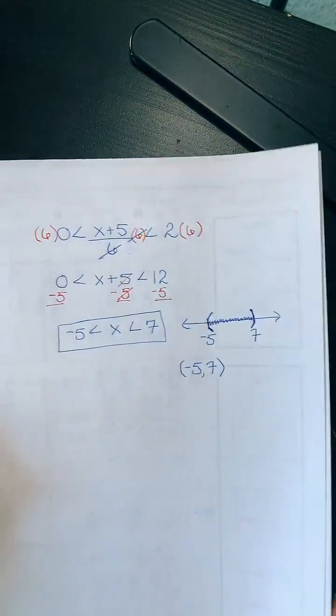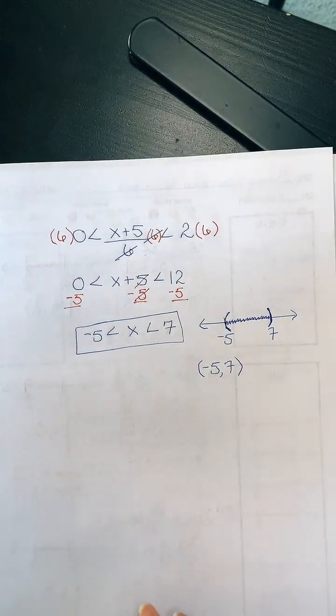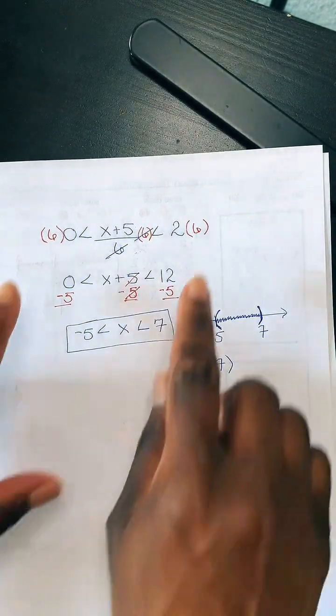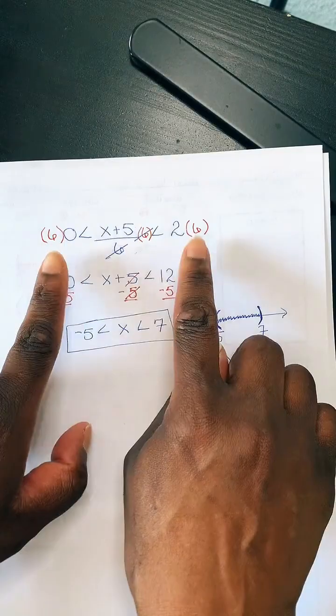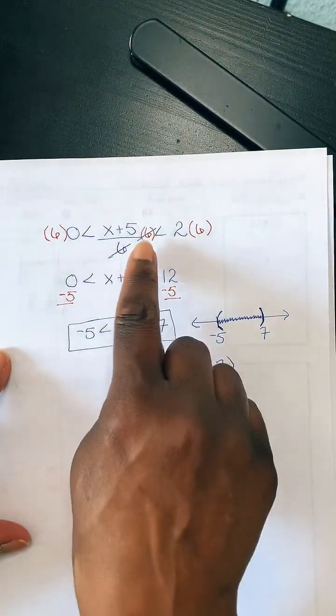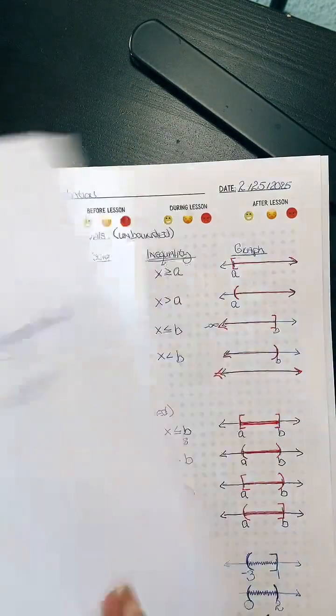When you're dealing with compound inequalities, let me see if I can zoom out for a second. When you're dealing with compound inequalities, you got to work from the inside out. If it's in division, that means you're multiplying in all 3 spots.